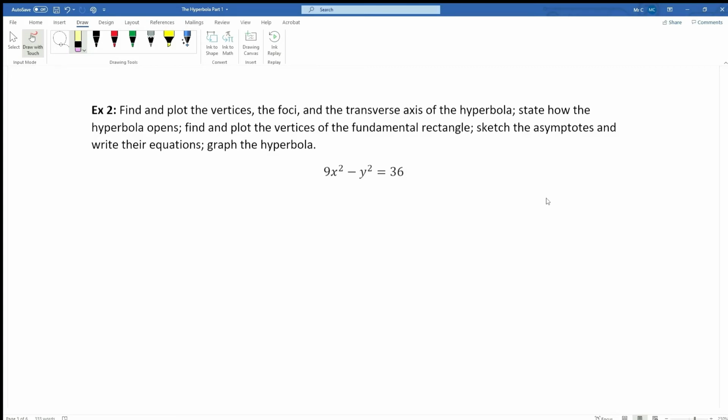This thing needs to be equal to 1, so we're just going to start out by dividing both sides by 36. That gives me x squared over 4 minus y squared over 36 equals 1. And this is a horizontal hyperbola because the x squared term is positive.